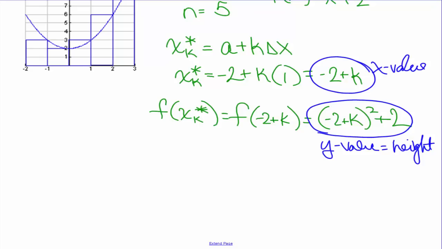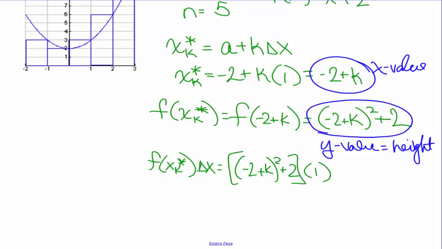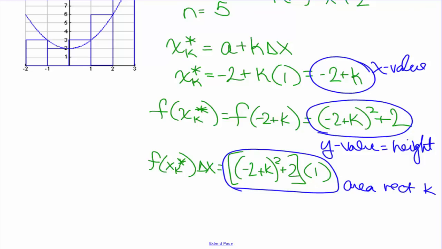All right, and so then the last thing we need is to find the area. To do that, we take our f of x sub k star and multiply it by delta x. So we take our (negative 2 plus k) squared plus 2, put it in big brackets, and multiply it by 1. And that is the area of rectangle k.